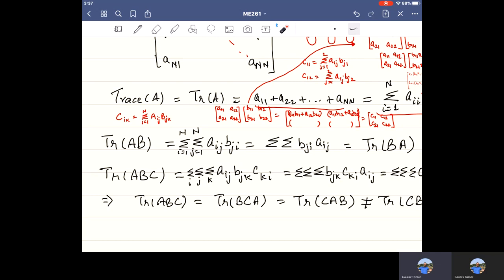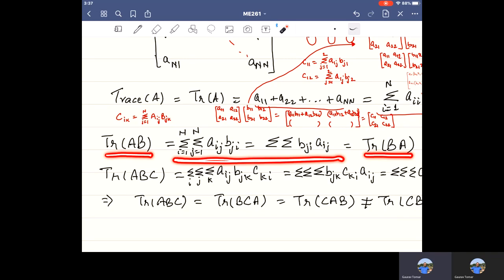You can rearrange it by keeping B here and A here, so you write Bji into Aij, because the order of summation doesn't matter. So now this is essentially a product of B into A and not A into B. So this is the same as trace of BA. So trace of AB, using the notations we have shown, is the same as trace of BA.